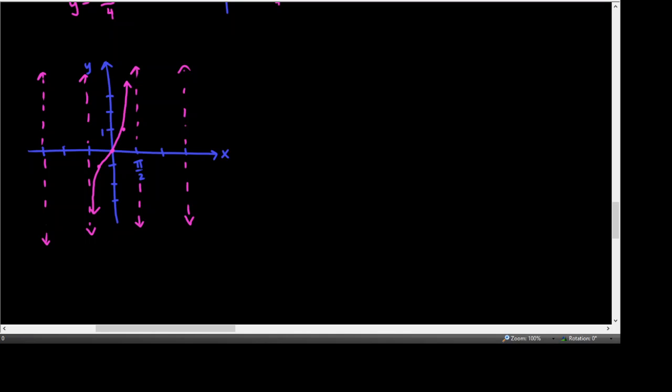And then you repeat. -1, 0, 1, draw the curve. Okay, so that's what tangent of x looks like.